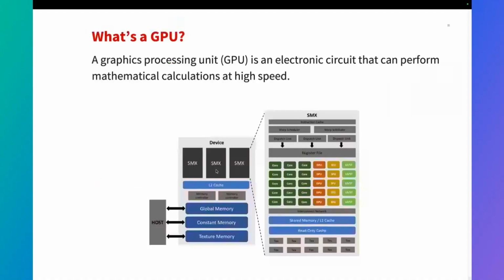So let's first start. What's a GPU? A GPU is essentially a graphical processing unit. So it's an electric circuit that performs mathematical computation at really high speed. It first started with graphic computations and migrated when people found that you can actually use it for general purpose programming, GPU programming.